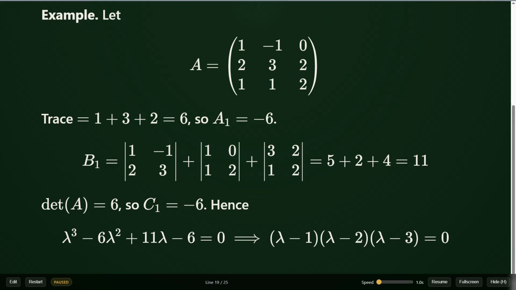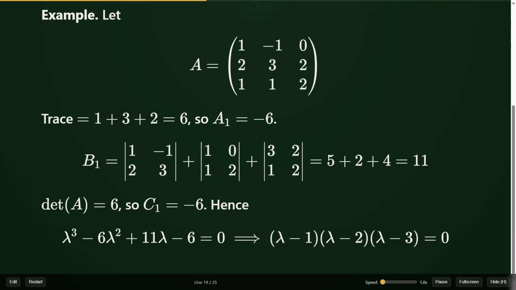Hence the characteristic equation of this matrix is lambda cube minus 6 lambda square plus 11 lambda minus 6 is equal to 0, which gets factorized into lambda minus 1, lambda minus 2, lambda minus 3 is equal to 0, and hence the three eigenvalues of this matrix are 1, 2 and 3.